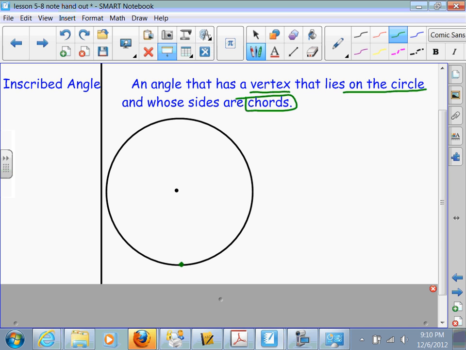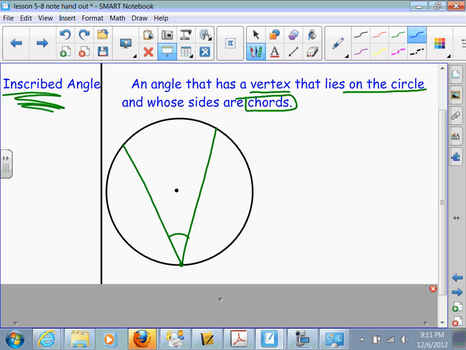So here's a point on the circle. Here's a chord. Here's a chord. This is called an inscribed angle. So there is a relationship between this angle measurement here and the angle that's created with the central angle that goes out to those same 2 points.